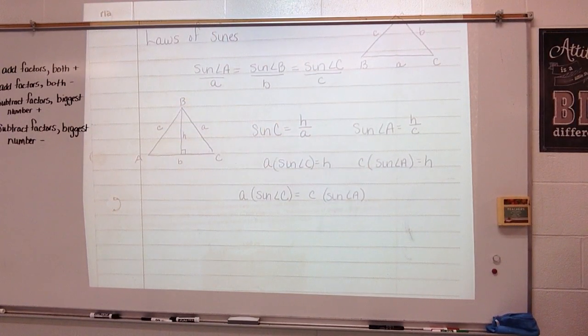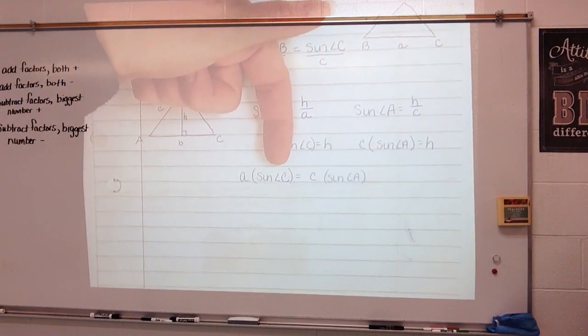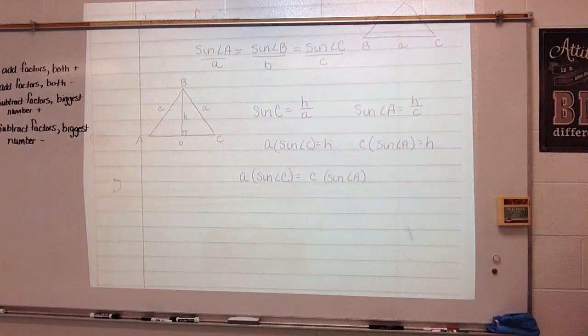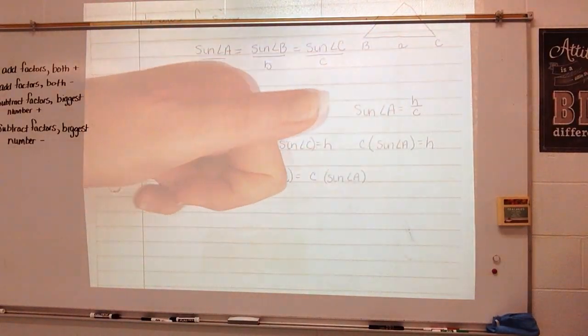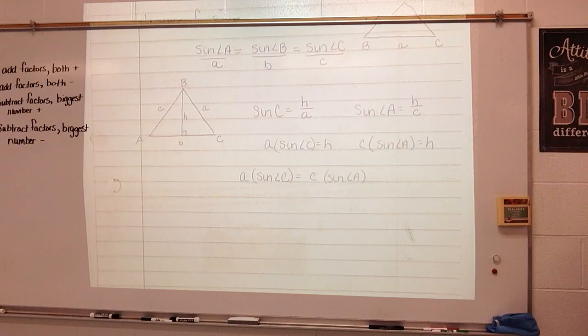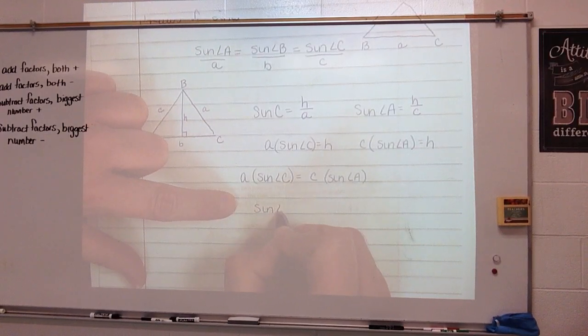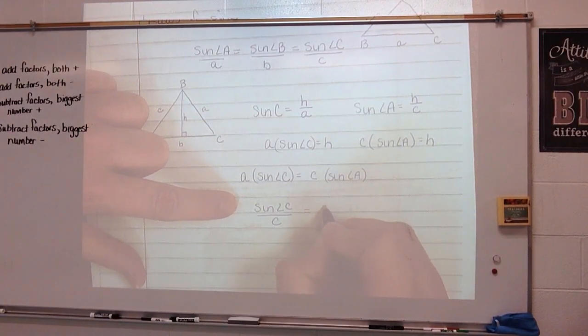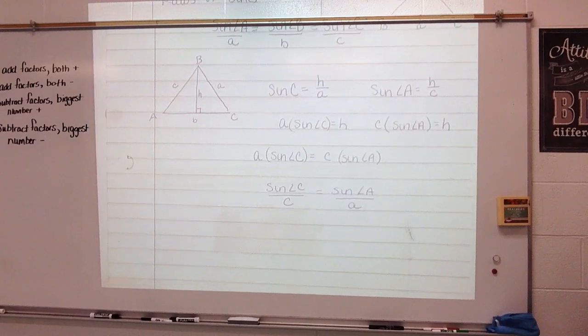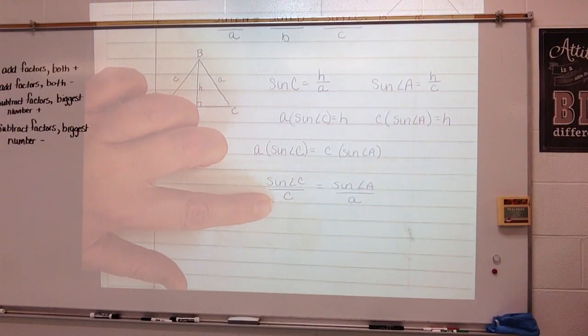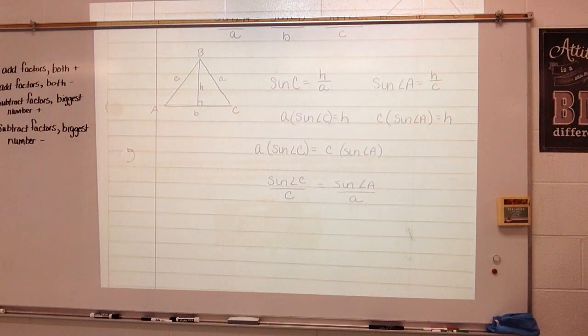Now with a little algebraic manipulation, if I divide both sides by a and by c, I get the sine of angle C divided by c is equal to the sine of angle A divided by a.